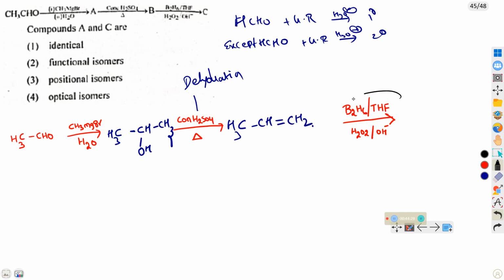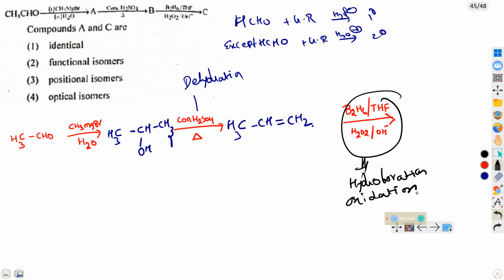B2H6, THF, H2O2, OH minus. Process name is hydroboration oxidation. Follows anti-Markovnikov's rule. Add water molecule to given alkene, HOH. Follows anti-Markovnikov's rule. Add hydrogen atom from H2O to unsaturated carbon which contains less number of hydrogens.